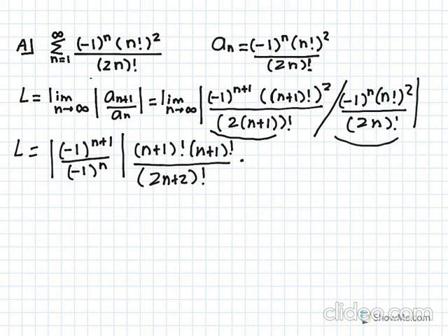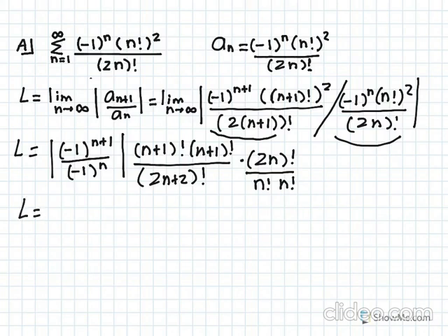We flip this fraction because we're dividing by it, so we reciprocate it and multiply by 2n factorial divided by n factorial squared, which is n factorial times n factorial. Whenever you're working with factorial terms, you should always try to simplify in such a way that we get cancellations.